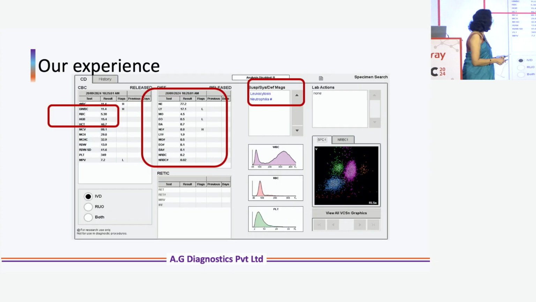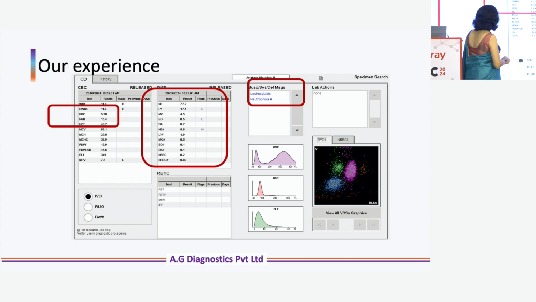Just as an example, these are our early examples, which most labs are following, as say, PBS review criteria. In a PBS review criteria also, you will feed in certain sets of rules into your hematology analyzers, and then you will see which patient will require a PBS review and who will not require a PBS review, right?